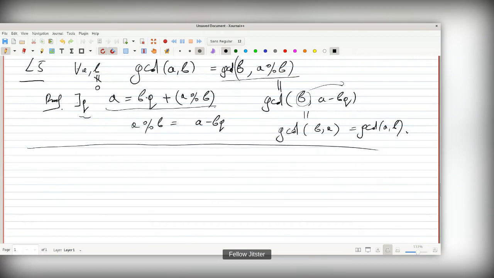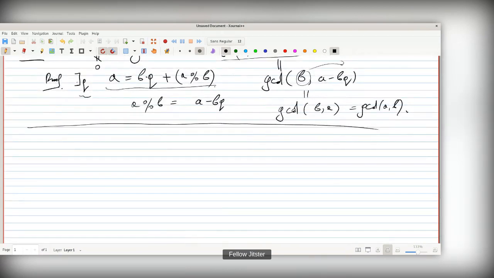It is a very special case when the greatest common divisor of two numbers equals 1. In this case, they say that our numbers are coprime. Let us give the definition.